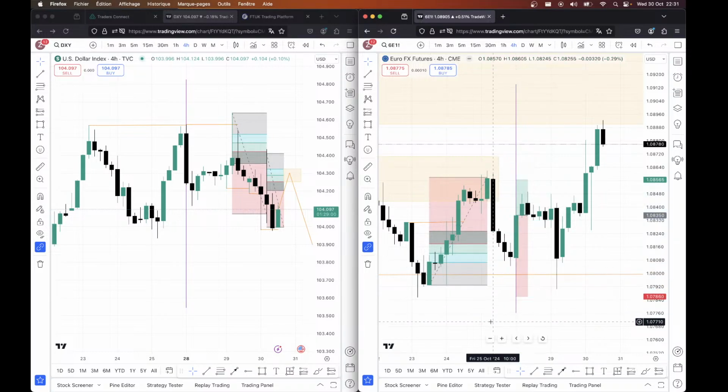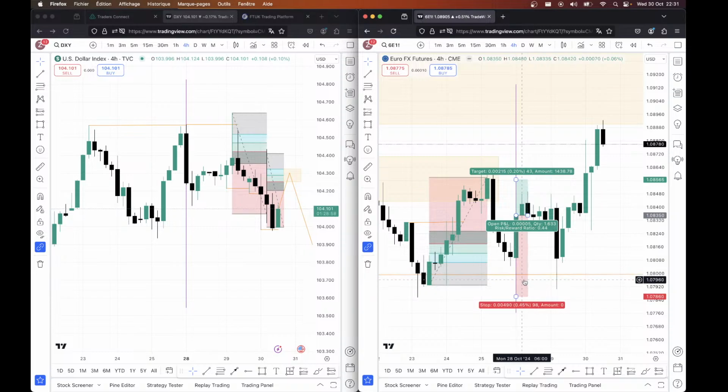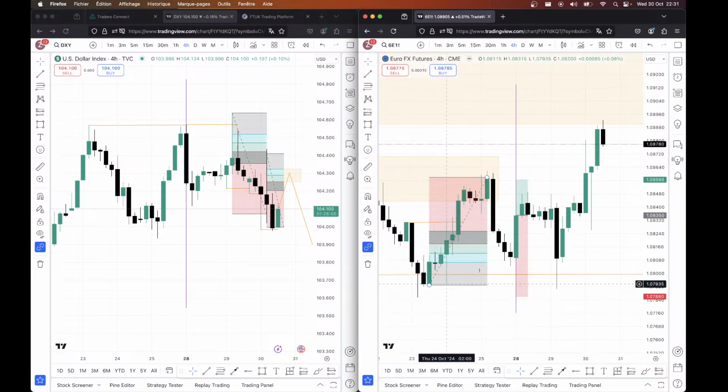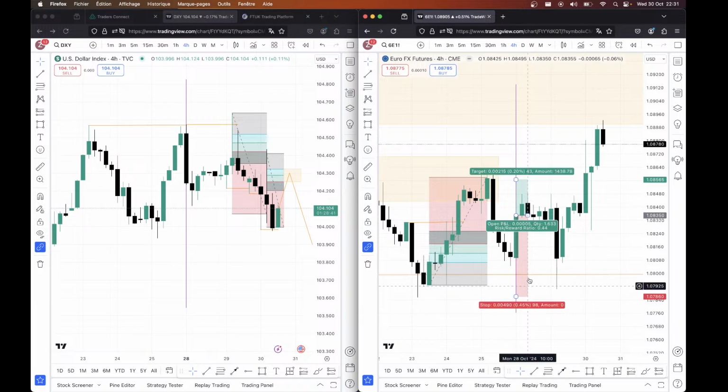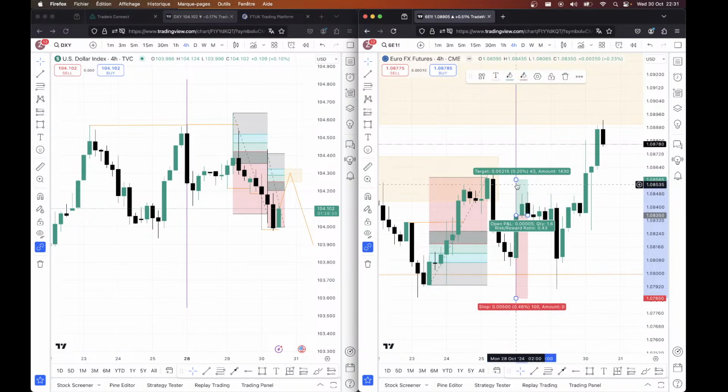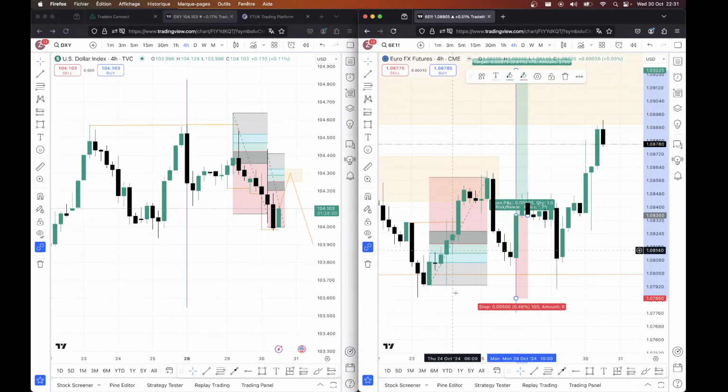And the answer for me was this level, because here I had this crazy equal high, which means this low and this low are quite the same regarding DIX. That's how I see that. This means I'm effectively taking this specific stop loss for this euro long trade and being really long about that.